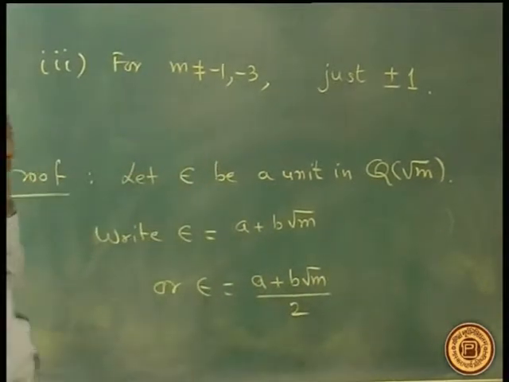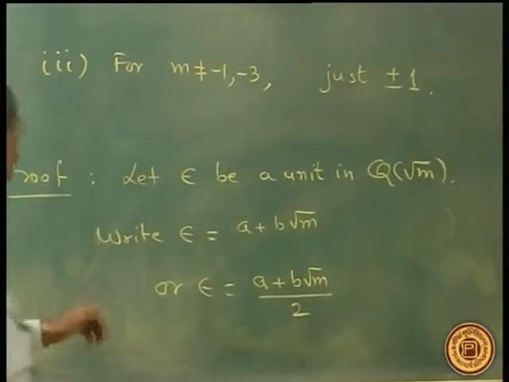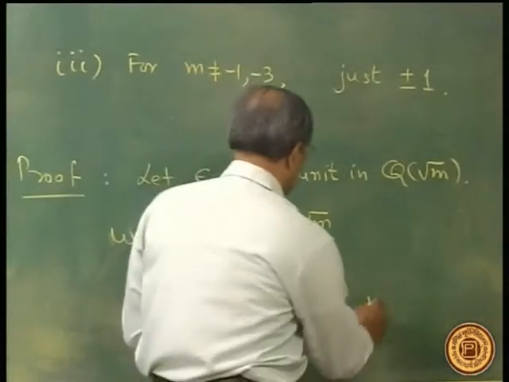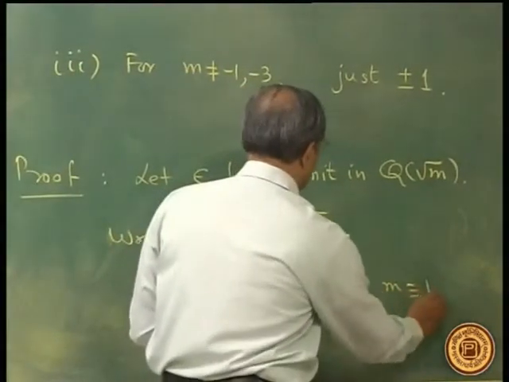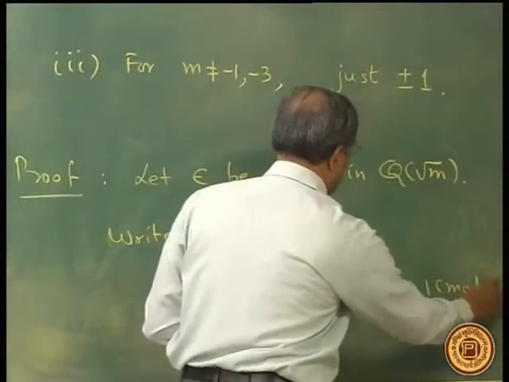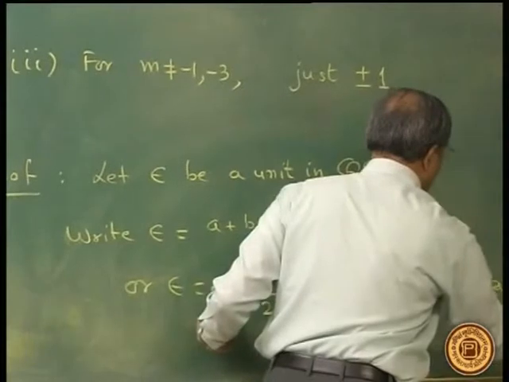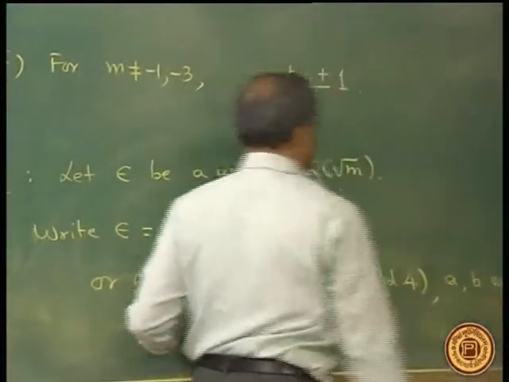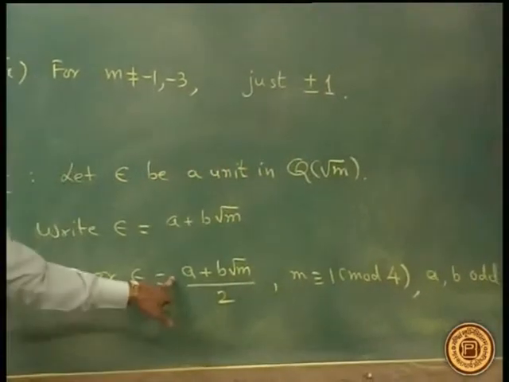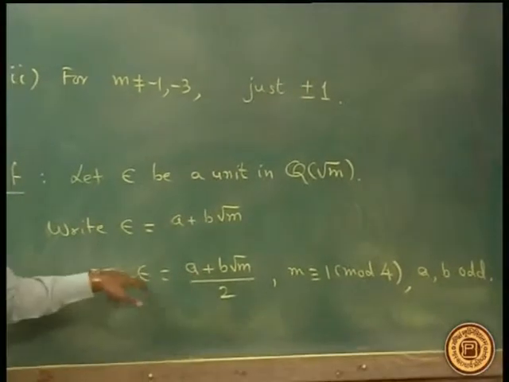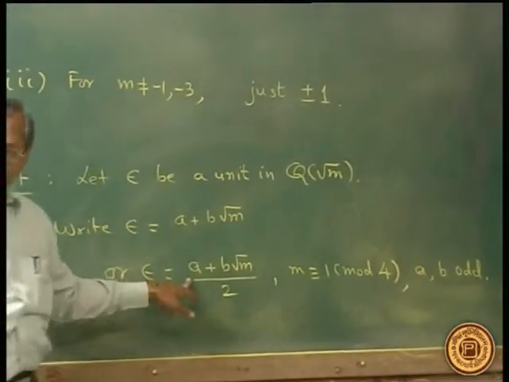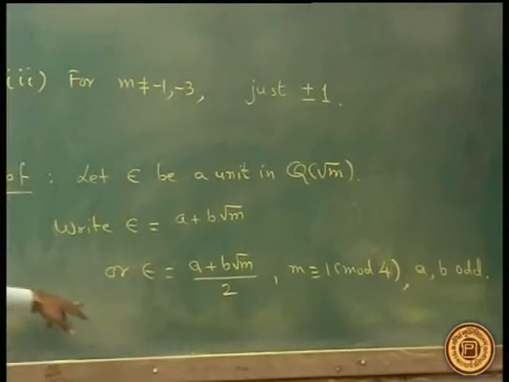There can be a denominator like this, where a, b are both odd. That is this situation. You can get epsilon in this form, because epsilon is an algebraic integer, and so it has these possibilities. These are the only possibilities.